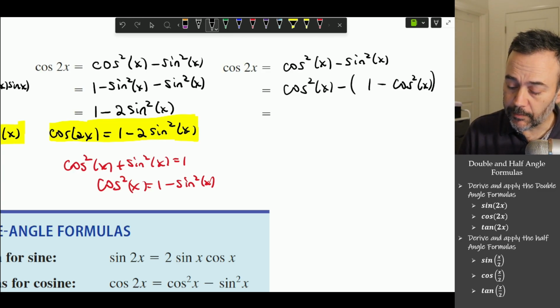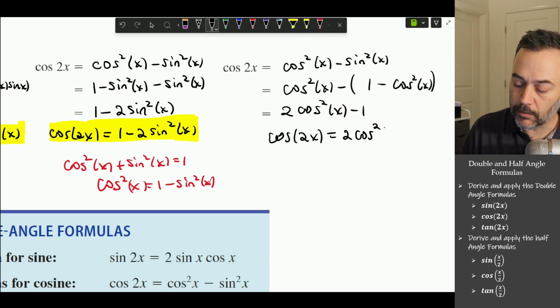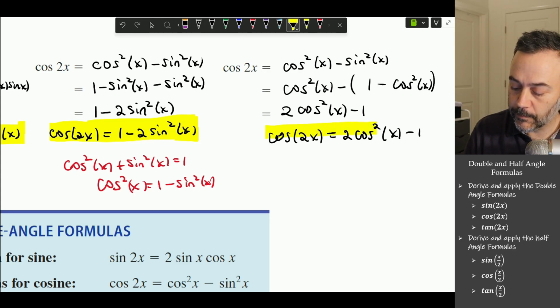Now, if I distribute the minus, this becomes a minus 1 plus cos squared x. Combining like terms, I get 2 cos squared x minus 1. So cosine 2x equals 2 cosine squared x minus 1. And we have it.